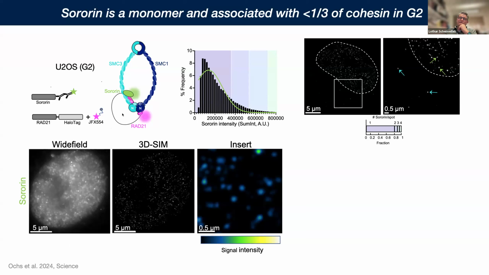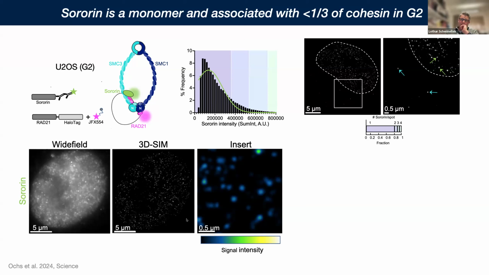One of the factors characterized in this paper to be exclusively associated with sister chromatid cohesion is sororin.